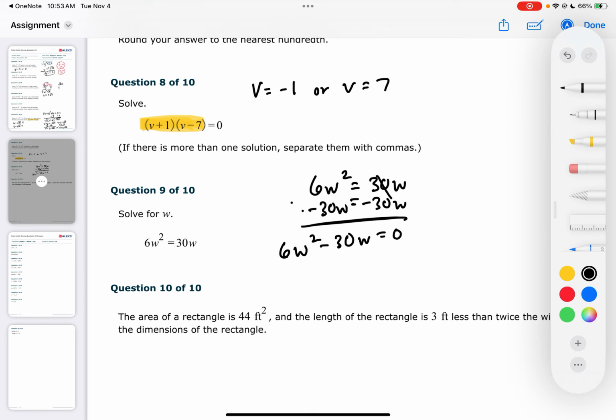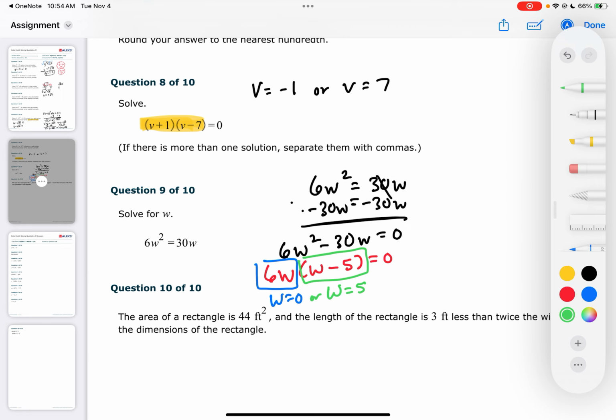So now I can pull out what they have in common, which is 6w times (w minus 5). And now I want to see what makes each part 0. So this one would be w equals 0, and this part right here would be w equals 5. So there are your two values.